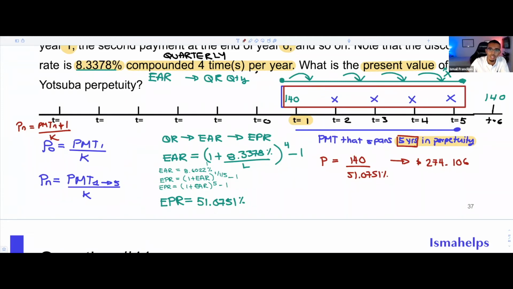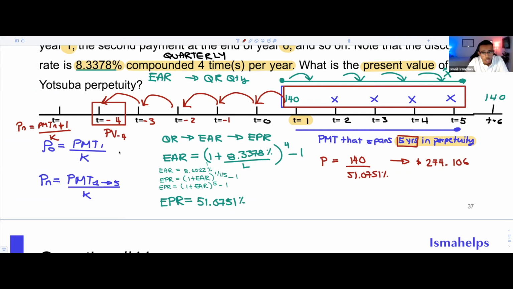In this case, we're spanning 5 years, so we're going 5 years backwards because that's what a perpetuity formula does. So we're going -1, -2, -3, all the way to -4. So it turns out that we got the present value at -4.